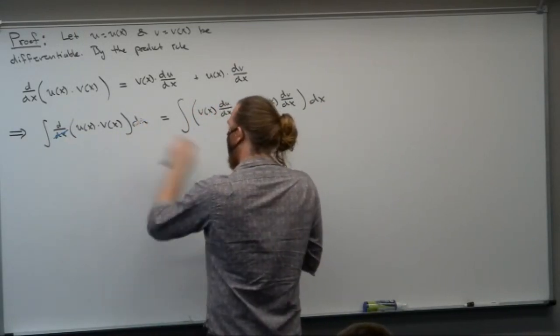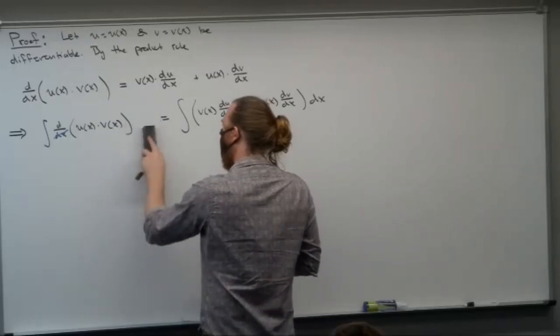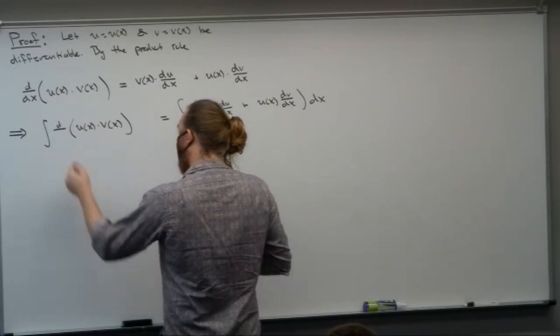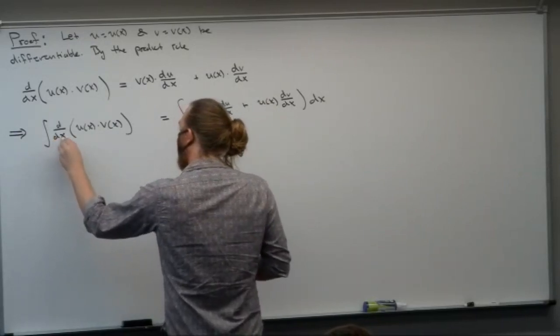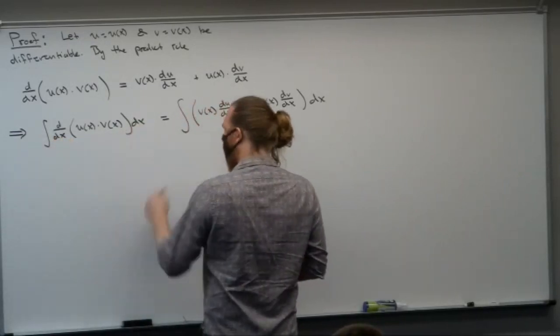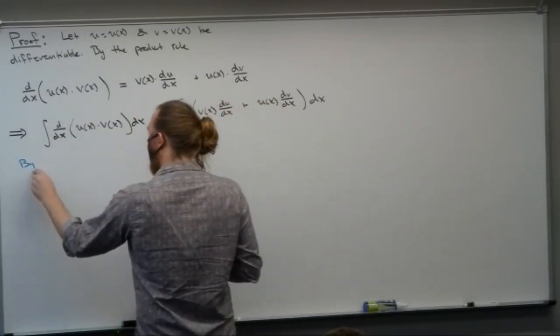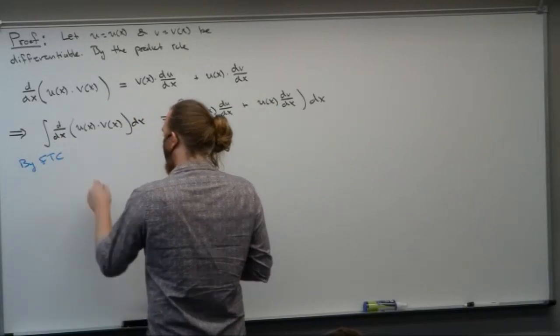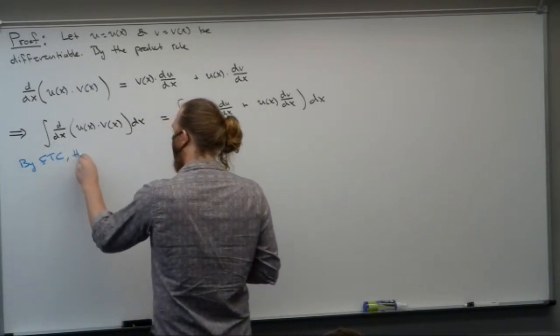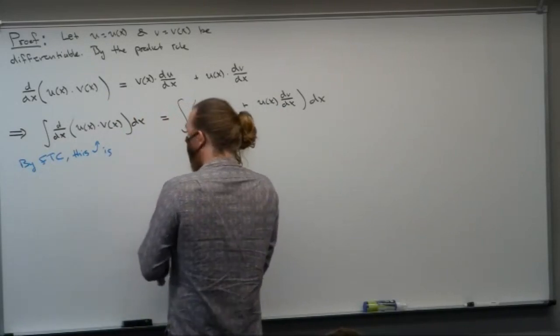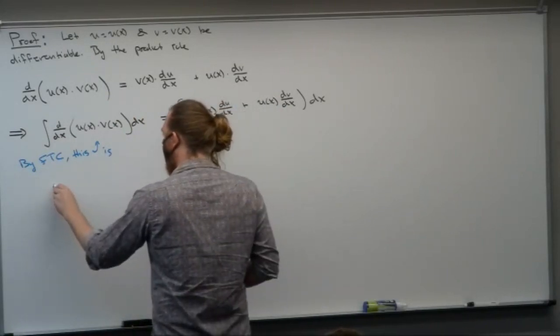I don't, you know, sloppy physicist is not really my style. But I know we see a lot of that in the undergrad calculus sequence. By the fundamental theorem of calculus, this left-hand side is just u times v.